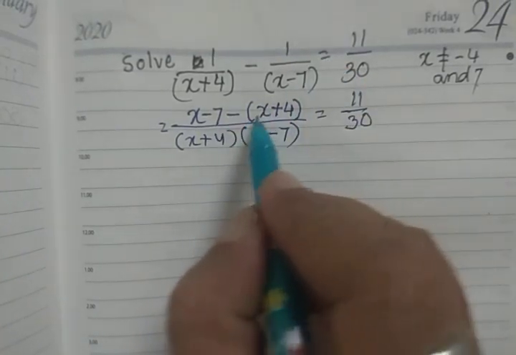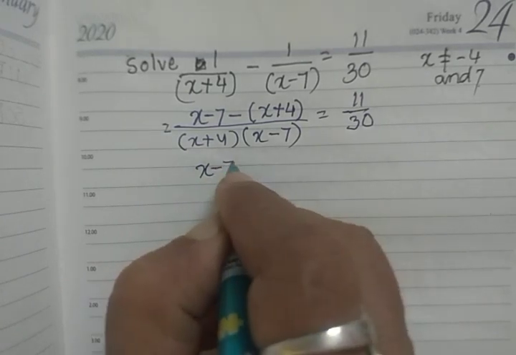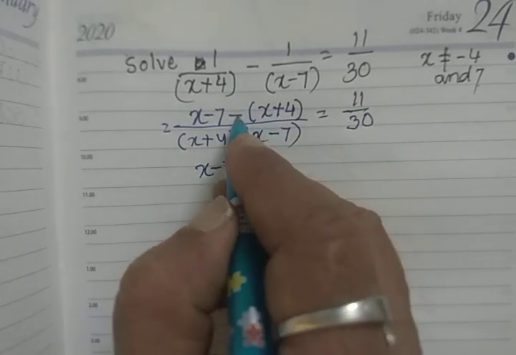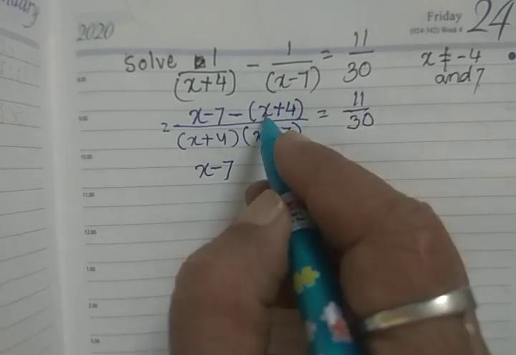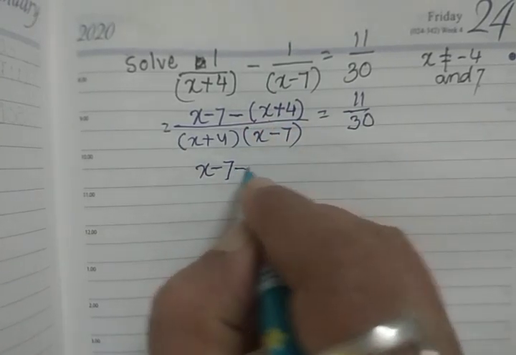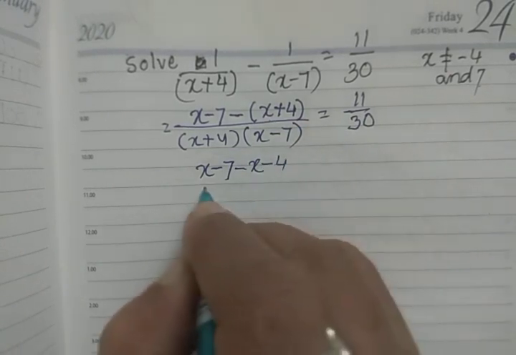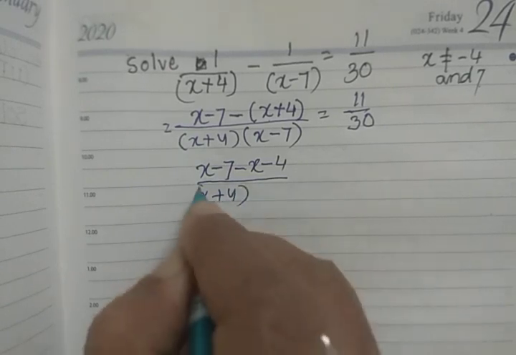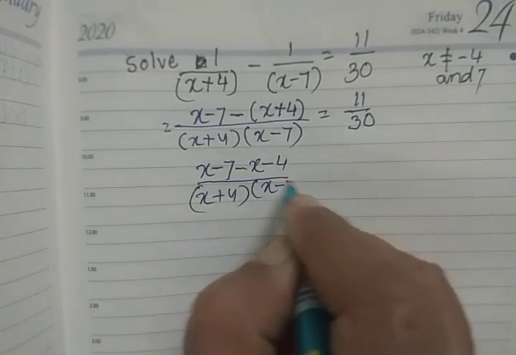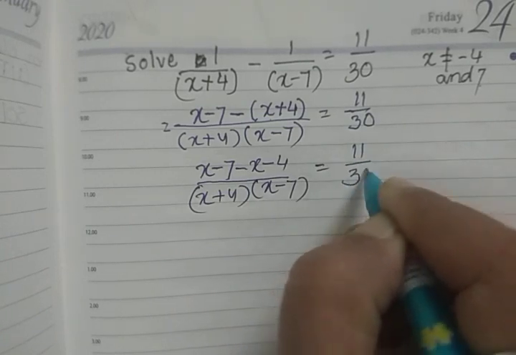So let us open this bracket. X minus 7. So outside minus is there. So inside the sign you need to change. Plus x becomes minus x, plus 4 becomes minus 4, by x plus 4 into x minus 7 is equal to 11 by 30.